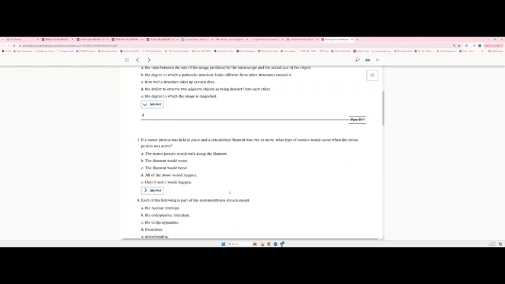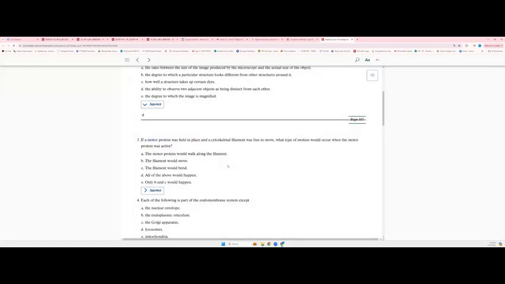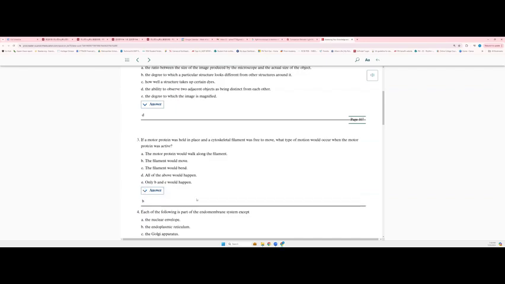And then let's talk about the third one. If motor proteins are held in place and the cytosol is free to move, what type of motion would occur? It's B, right? Remember the things we talked about before?